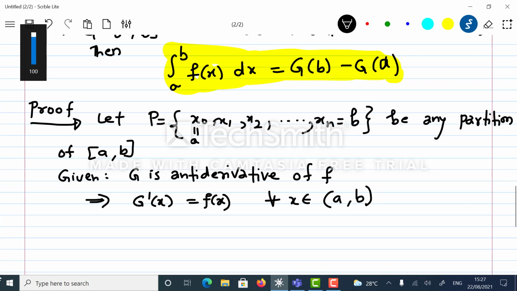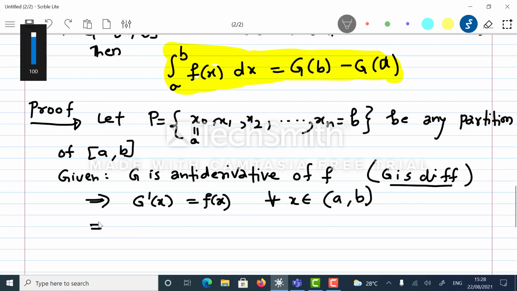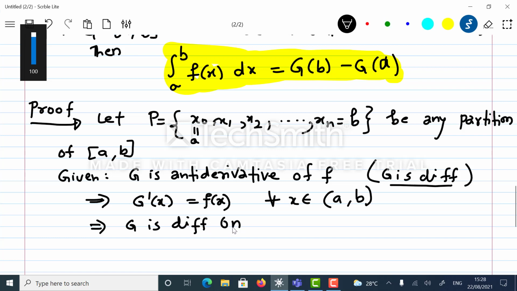So when g is an antiderivative, this means that g is differentiable. Note that here g is differentiable on the open interval (a, b). If g is differentiable on the open interval (a, b), then it will be differentiable on any subset of the open interval (a, b).